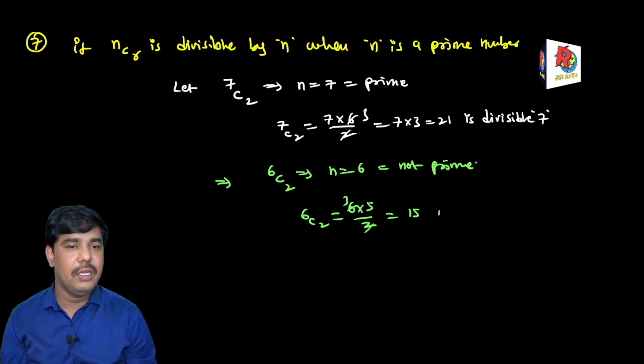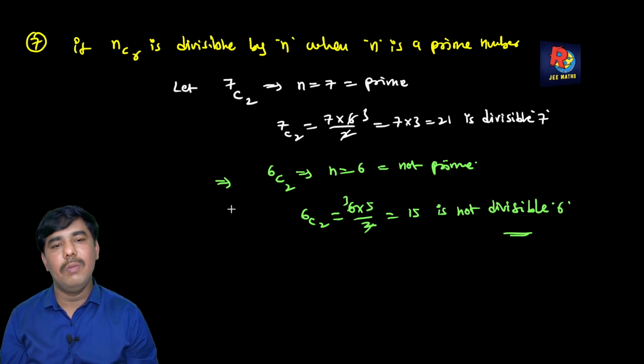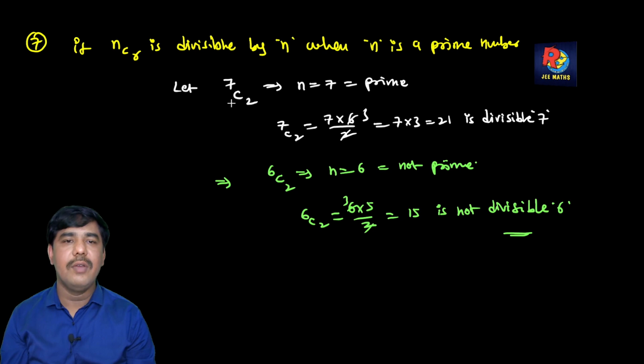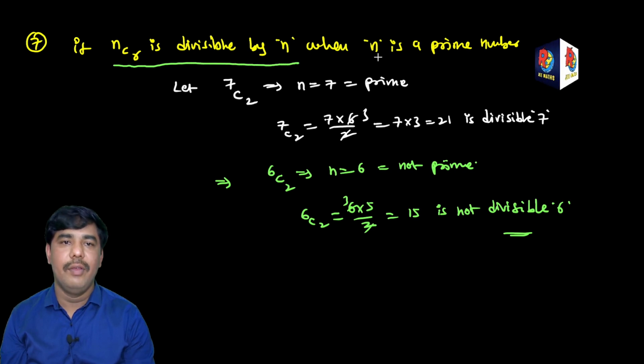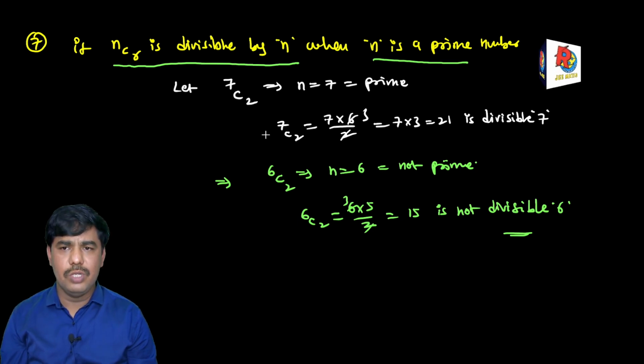So 15 is not divisible by 6. Why is it not divisible by 6? Because 6 is not a prime number. Why is the earlier one divisible by 7? Because n equal to 7 is a prime number. So you need to remember that NCR is divisible by n when n is a prime number. These are the most important properties of NCR you need to remember.